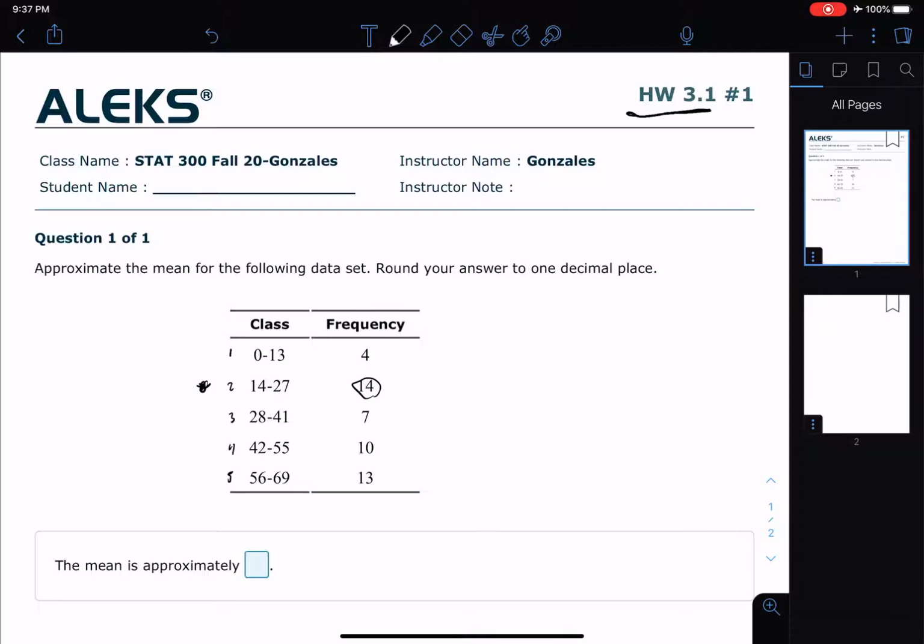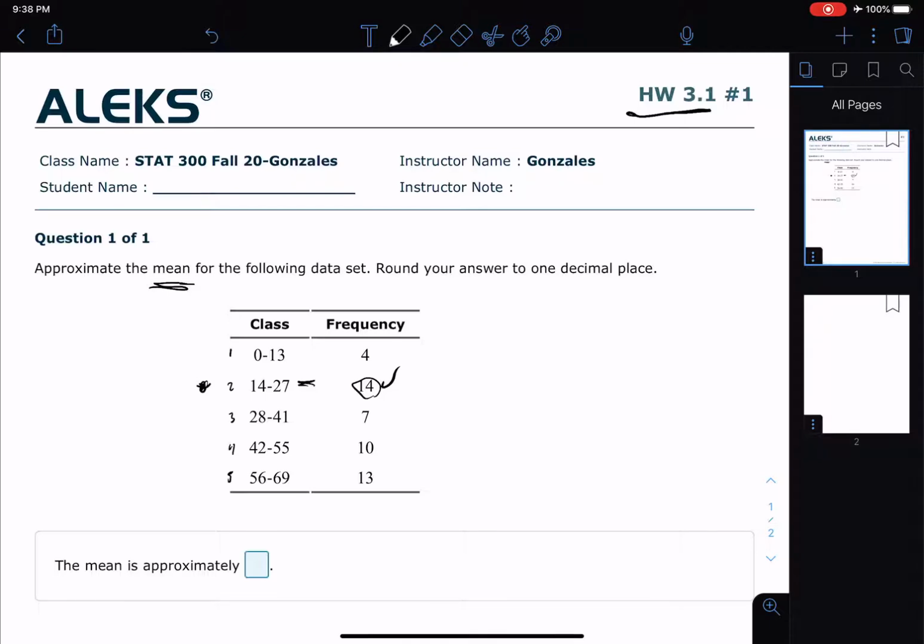So, if we're going to try to find the mean, how do you find the mean of a data set? Well, you add up all the numbers and divide by how many numbers you have. The problem is we have 14 numbers that belong in this class, but we don't know the specific numbers.